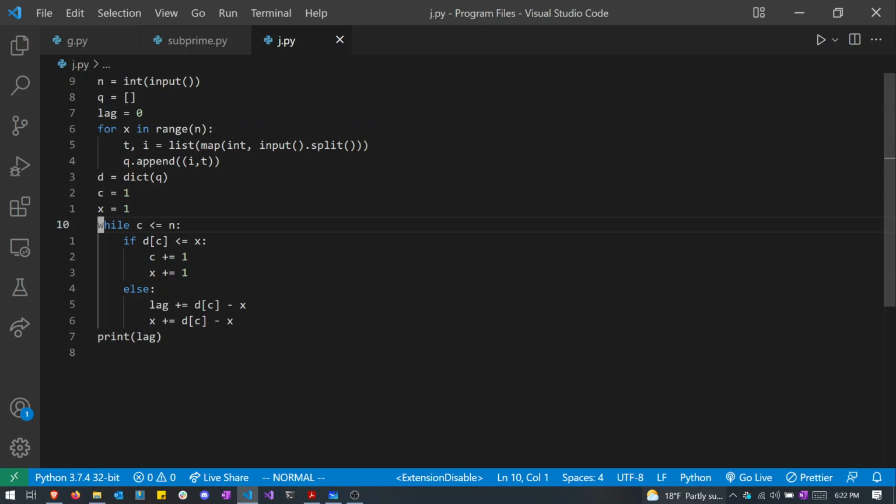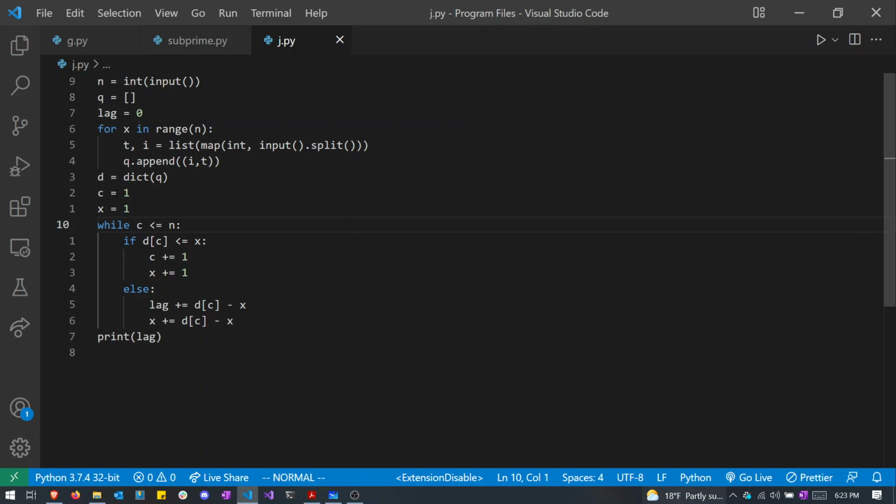And then once you've got that, you can essentially just simulate the experience of watching the video by keeping track of C, which is the current, or what the next frame of video will be, and X, which is how far along you are in seconds.